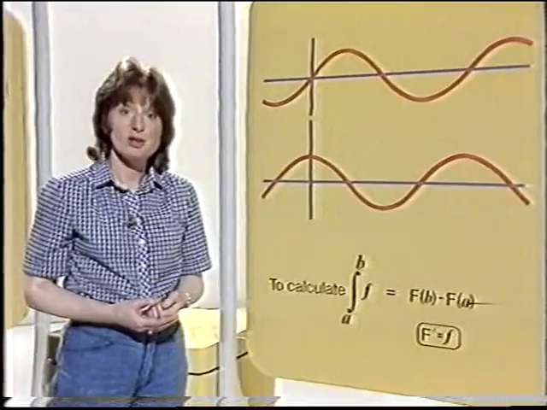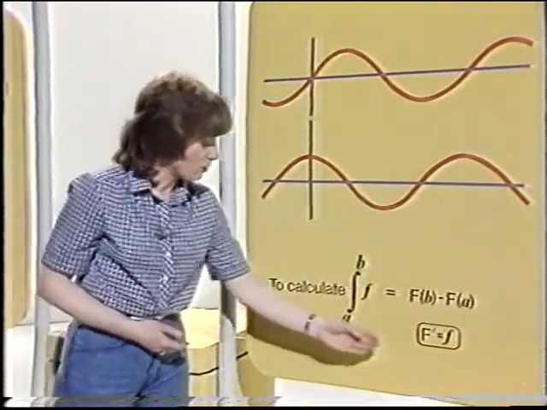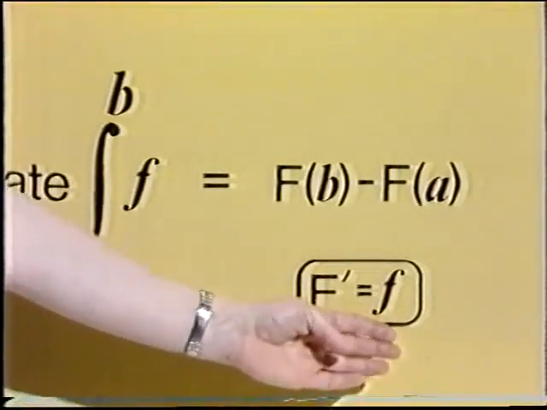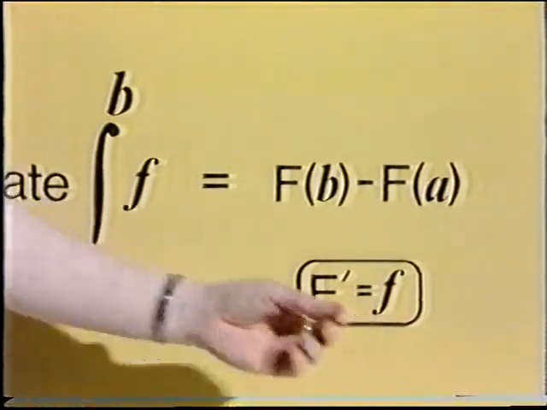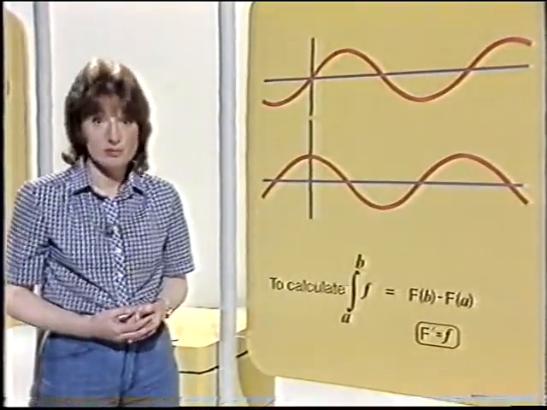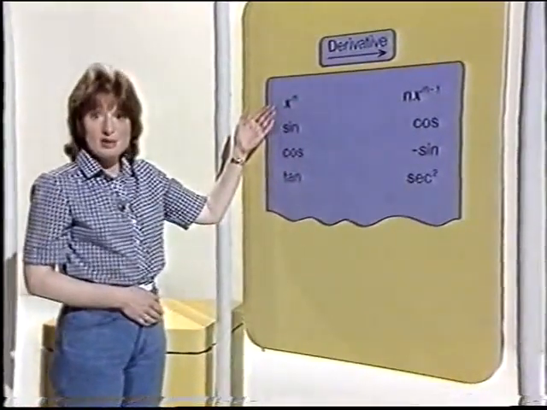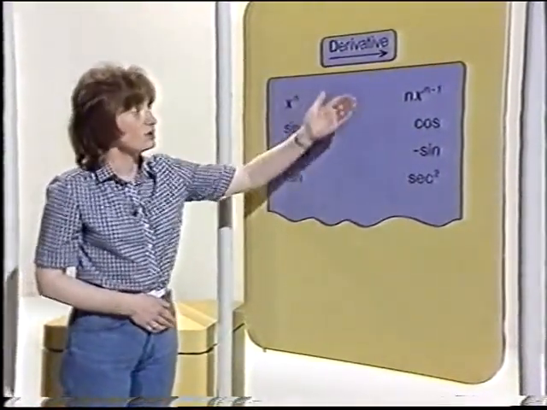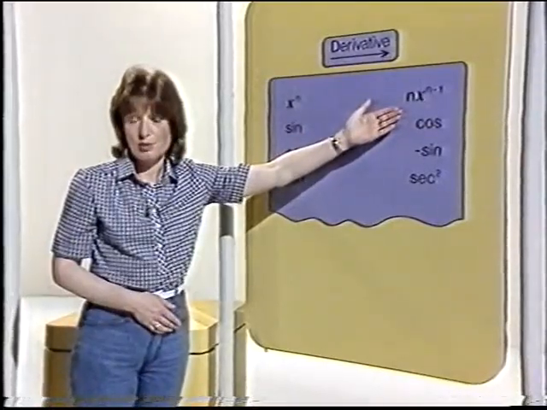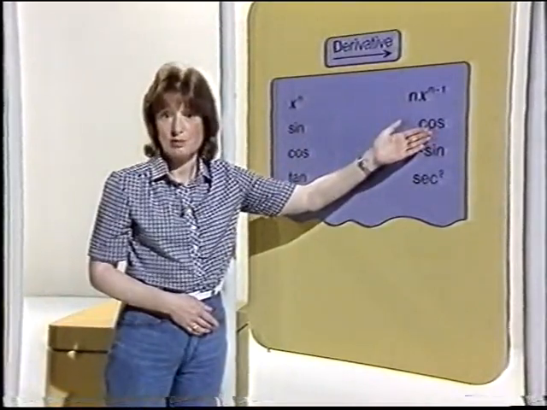The next question is, how do we go about finding one? Well, the derivative of big F is the original function little f. And you've already seen a table of derivatives in Unit 2. Here it is. Here's x to the n, with its derivative n x to the n minus 1, and sine with its derivative cos.